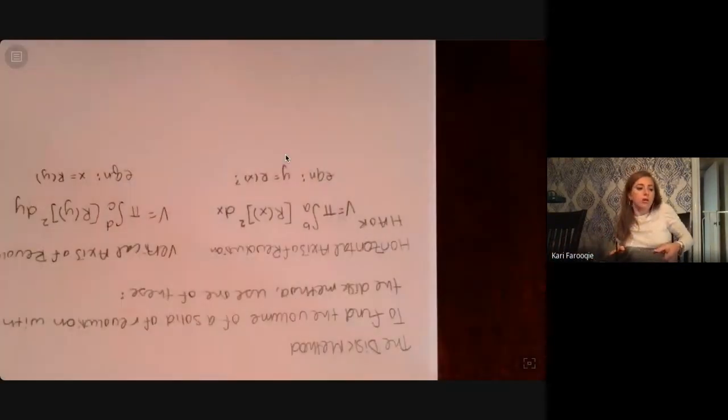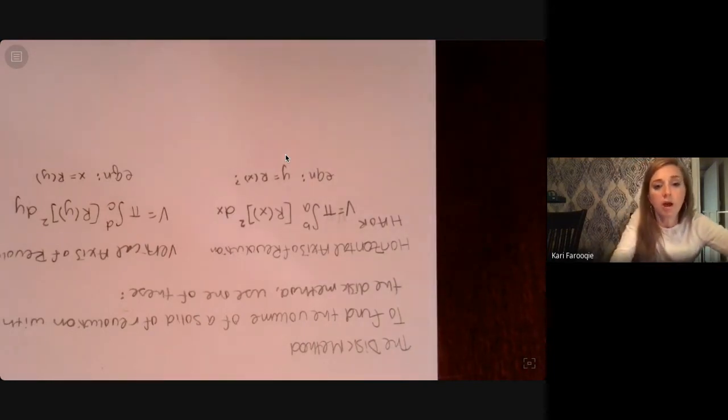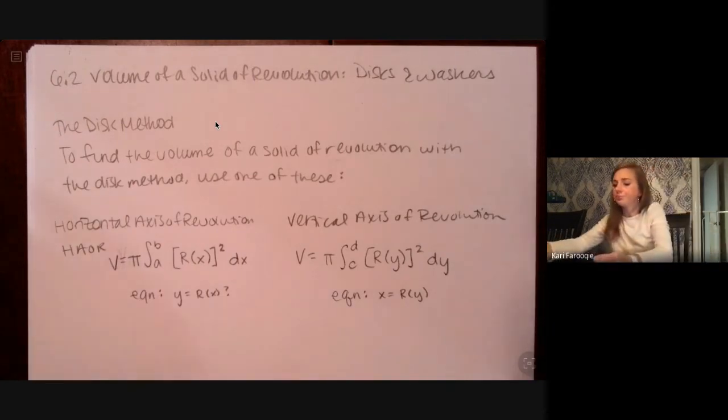Okay, so I feel like we saw a lot of pictures. So hopefully you're getting a sense for what's going on. I do think I'm going to graph each one of these for each example, because you know I love to graph anyway. But I think it's usually pretty easy to get a visual on these, especially the disks.